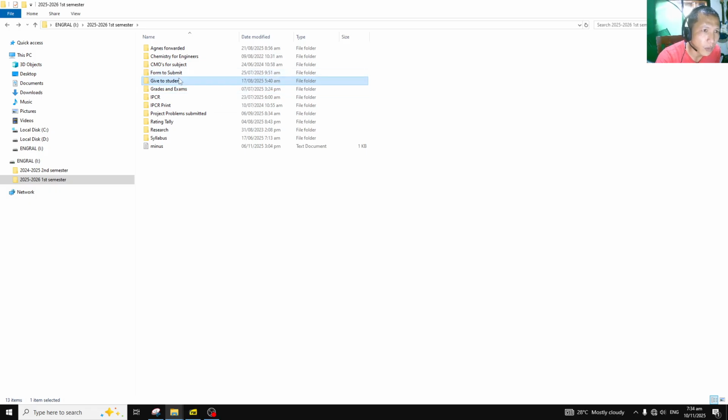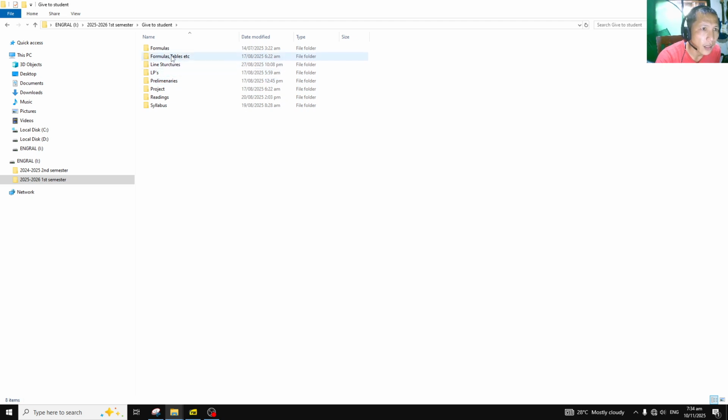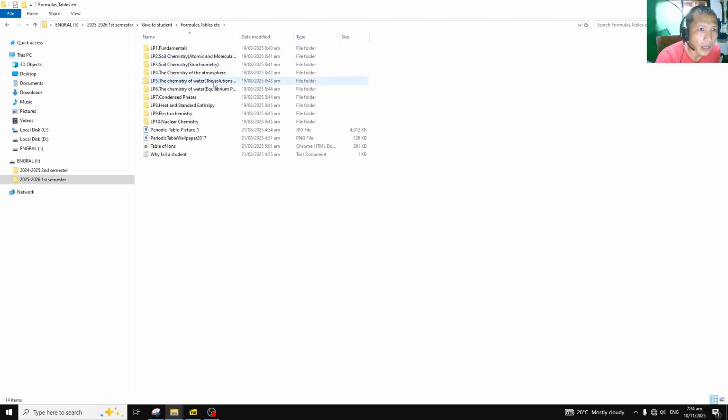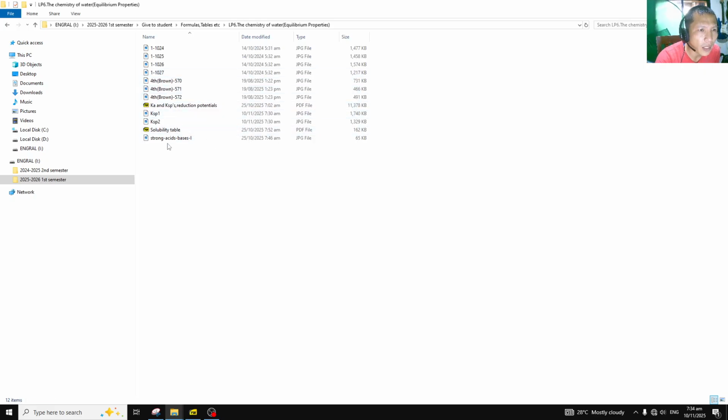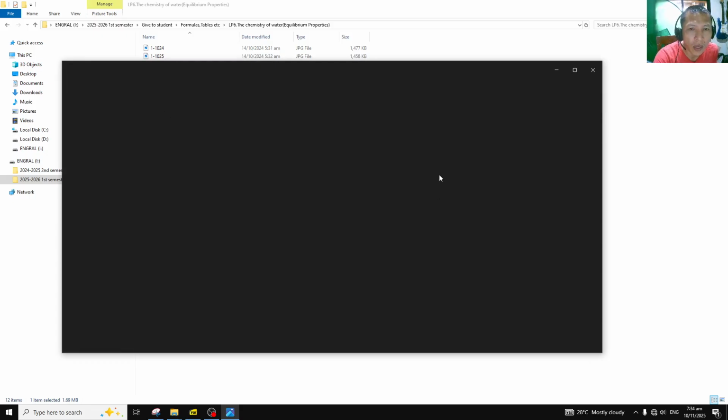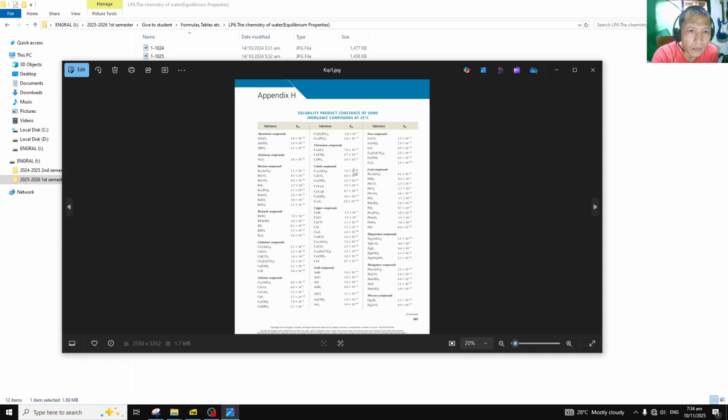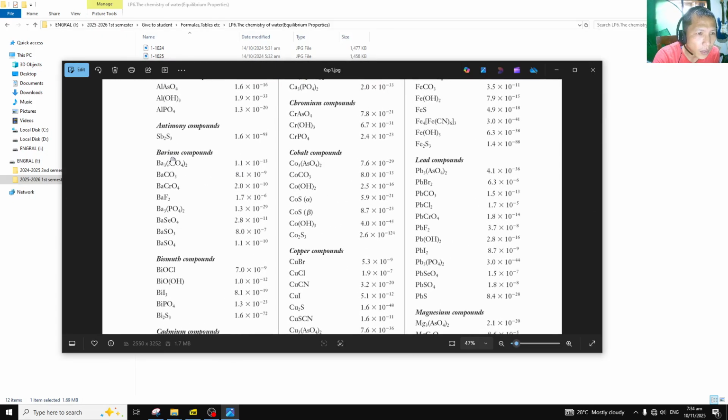Of course, you should not memorize tables. So may I open equilibrium? I think this one, KSP. So barium iodate, you will look for barium. This is barium. Oh, there is no barium iodate. Maybe we can look at another table.